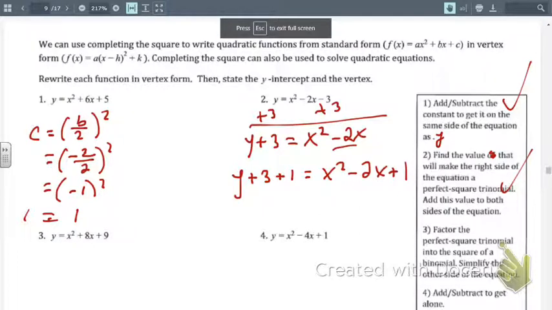Second step is finished. Alright, now we want to factor the perfect square trinomial into the square of a binomial and then simplify the other side. So simplifying the other side first gives us y plus 4.